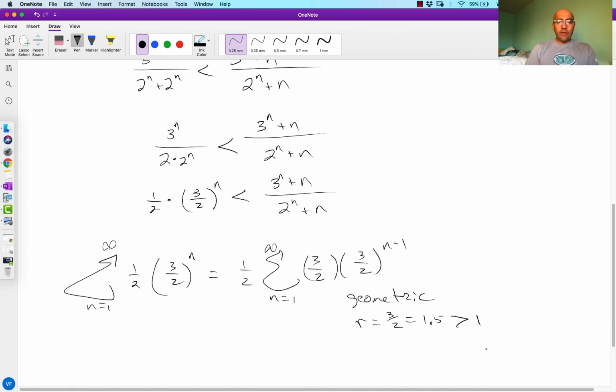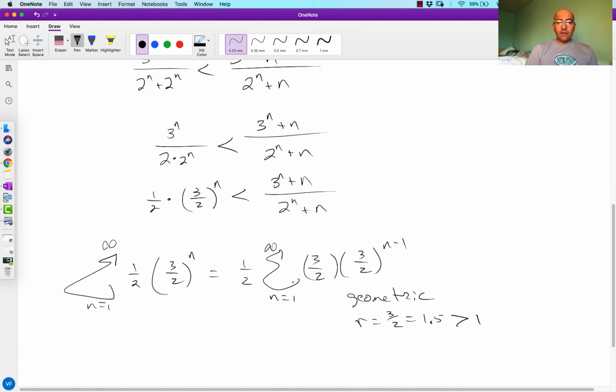So from geometrics, we know that this series diverges. So we know that on a term-by-term basis, this one is always smaller than the one we want to work with. And we know that this sum diverges, so by the comparison test, we can conclude that this one must also diverge.